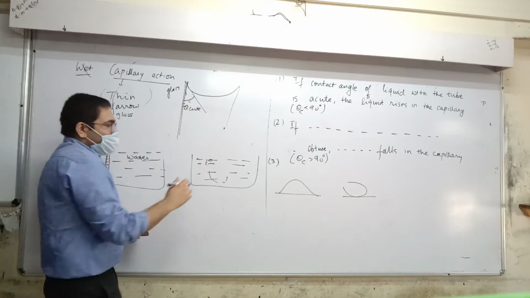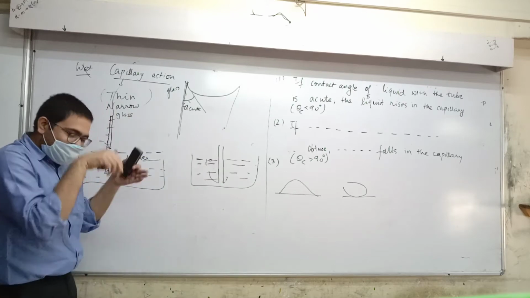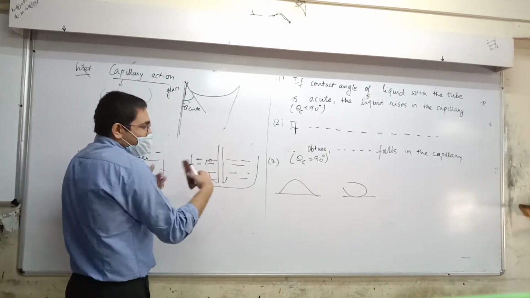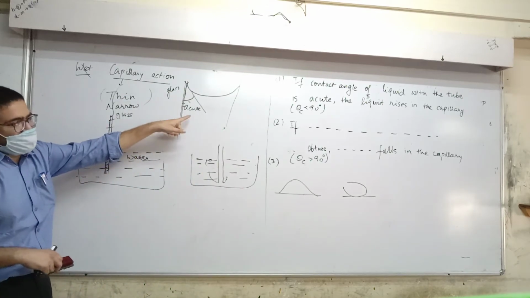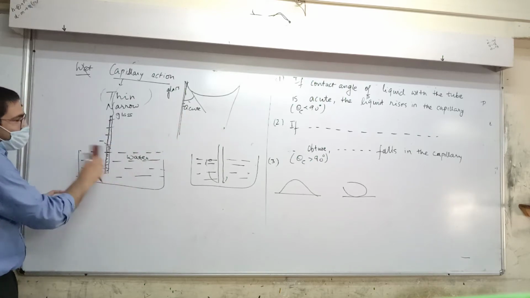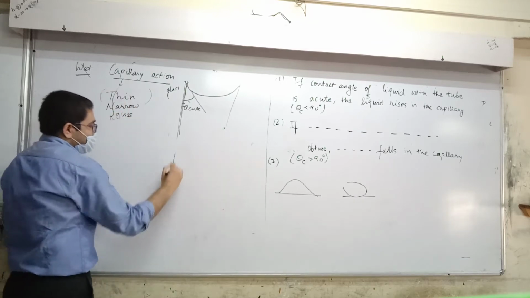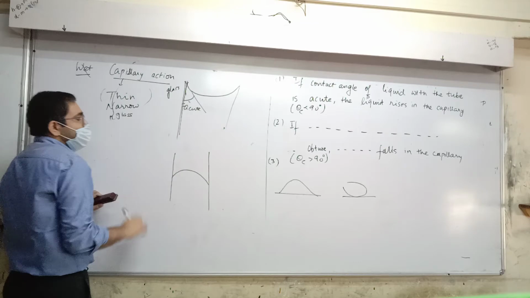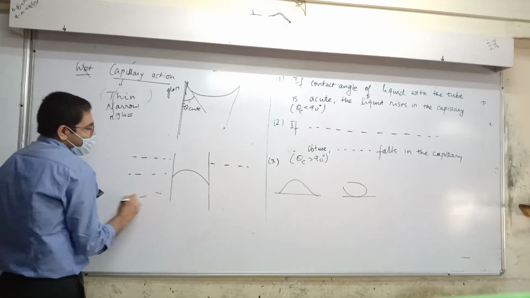On the other hand, suppose you dip a glass tube in mercury, it's going to push it down, and there the contact angle will be opposite. I'm out of space here, so I'm going to draw two such diagrams. One is this for acute contact angle, and now I'm erasing this one. So this is for obtuse contact angle. It becomes like this, up here and down here.